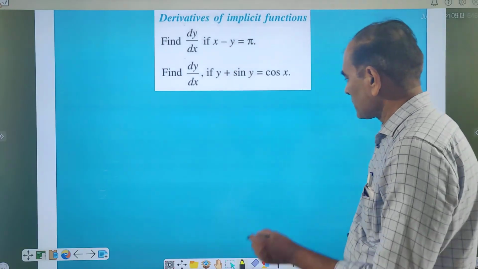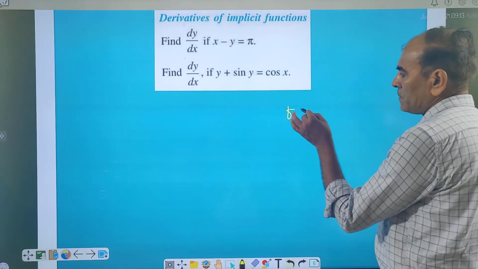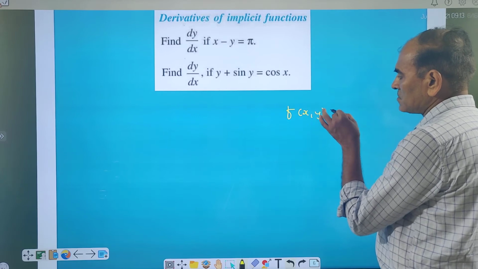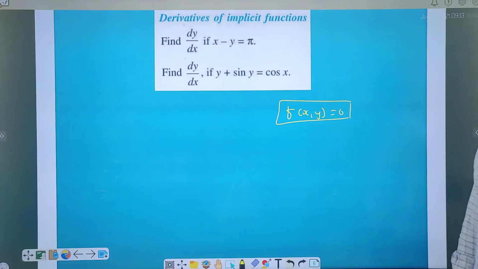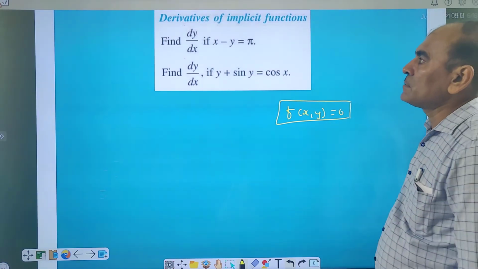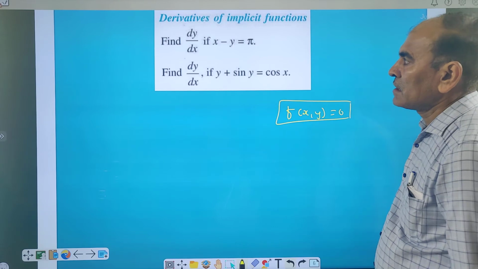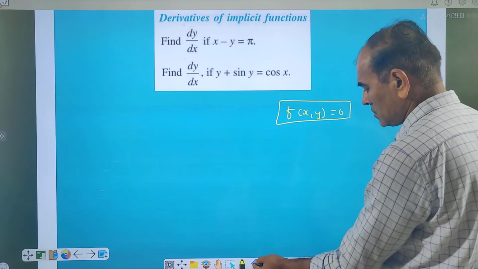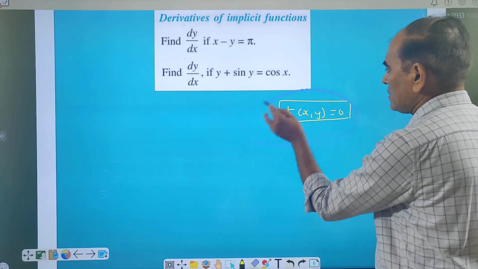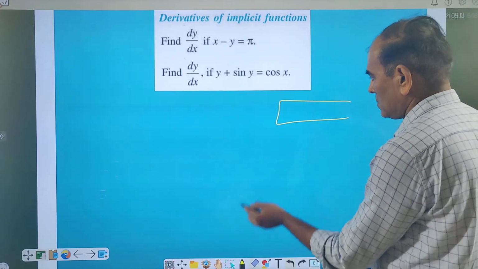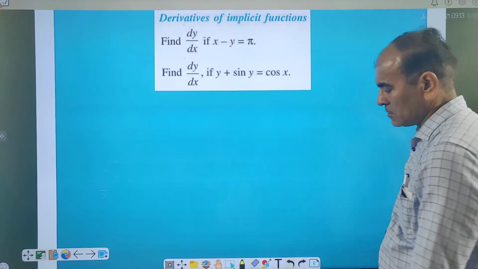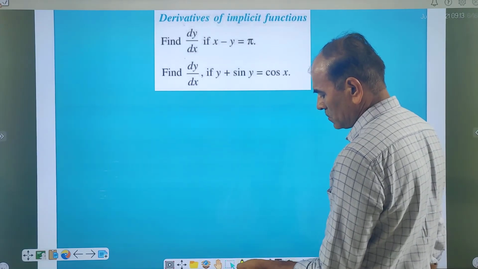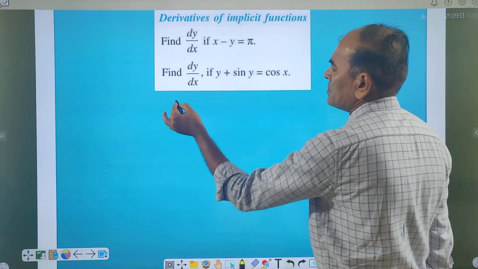So when some function is given in relation form of x and y, that function is known as an implicit function. Here we want dy by dx. What do we need to do? We need to take direct differentiation.